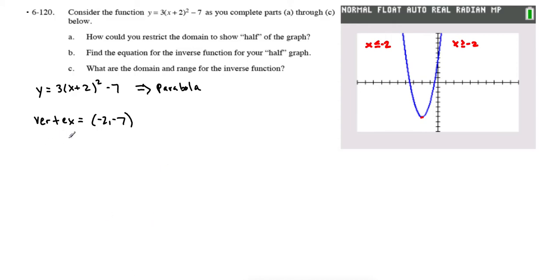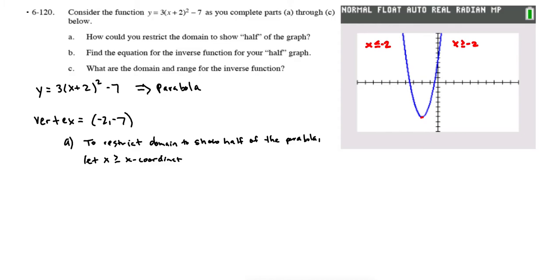So I guess we should probably write that out here. To restrict the domain to show half of the graph, or let's say half of the parabola, we're going to either say let x be greater than or equal to the x-coordinate of the vertex, or x could be less than or equal to the x-coordinate of the vertex.